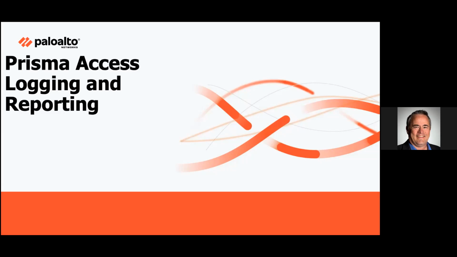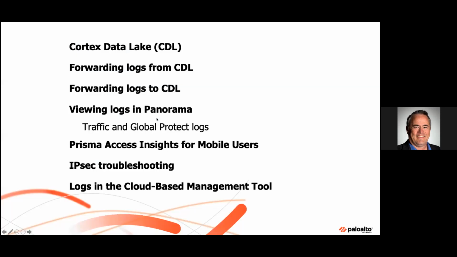So, as I said, today we're going to be talking about Prisma Access logging and reporting. Let me kind of detail that a bit for everybody. We're going to begin with Cortex Data Lake. You need Cortex Data Lake. You need to forward your logs from Prisma Access to Cortex Data Lake.